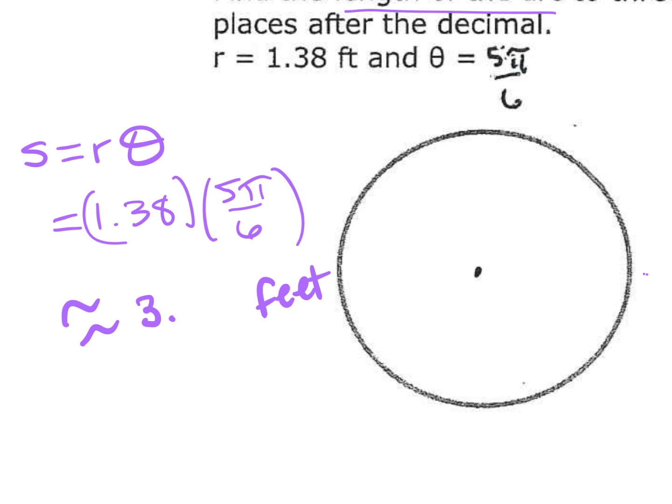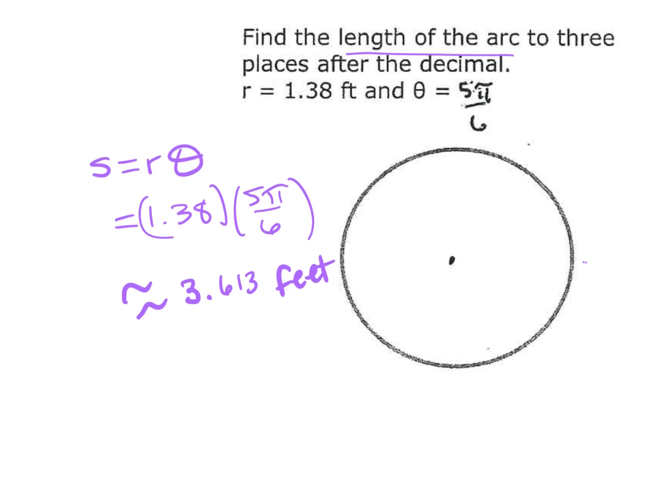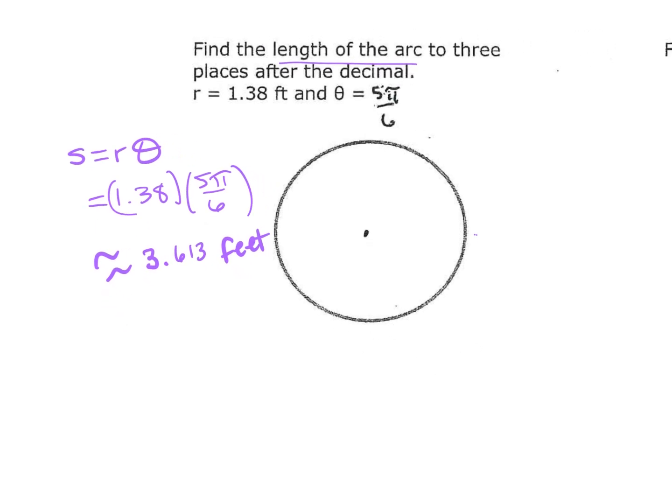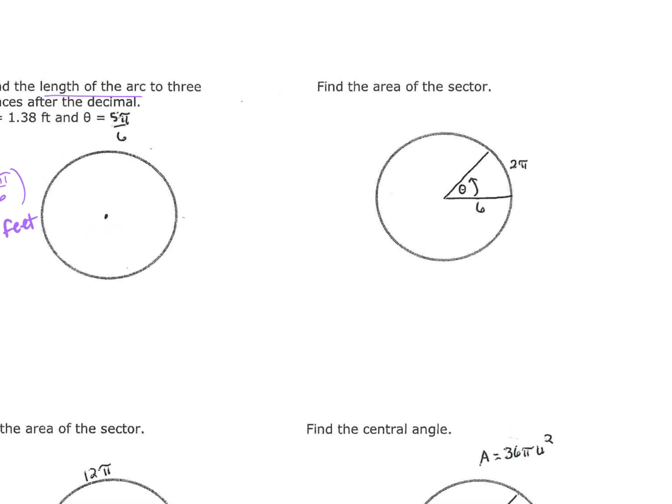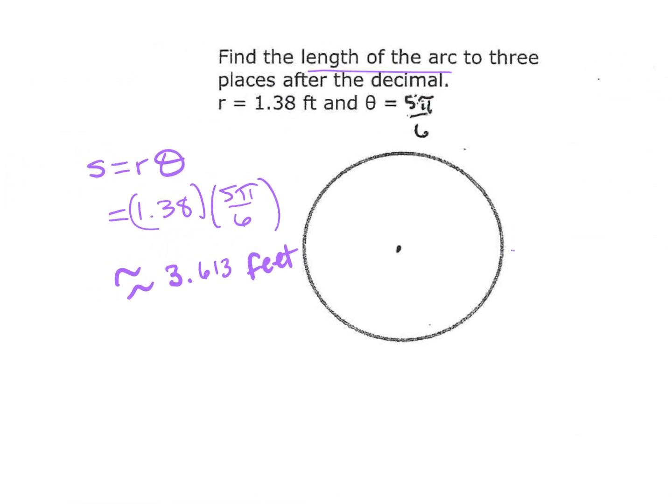All right, help me out, I might have a mistake written on here. I had it written as 3.6128, so it would be 3.613. Yeah. Okay. All right. You good? Yes? Okay. All right, questions on that one?